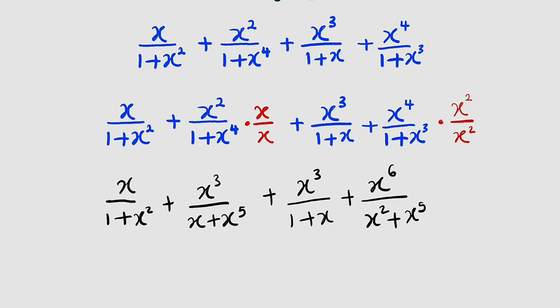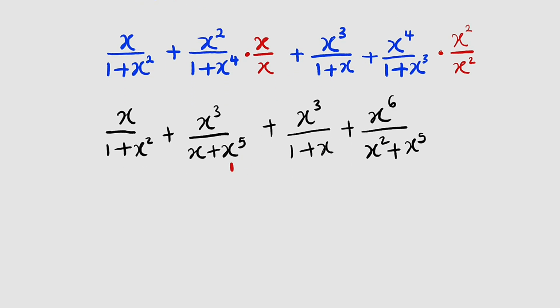So let's simplify this. You know, this is 1, this is also 1. And also x to the power of 6 is the same thing as x times x to the power of 5, which is the same thing as x times 1, equal to x, right? So x to the power of 6 is equivalent to x.